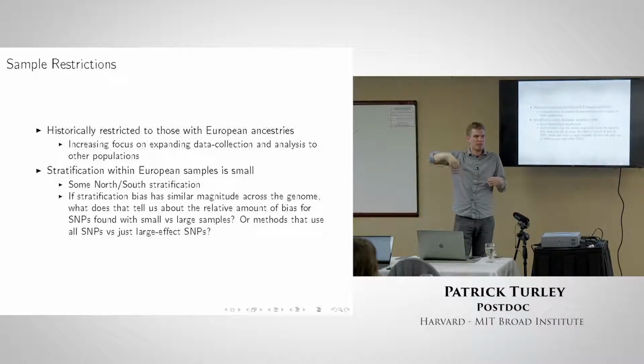If in some area it's better to be tall than in another area, then you might think that SNPs that make you tall become more common in that population. That would be stratification due to selection. But I think most of the time we just think of it as stratification due to drift.